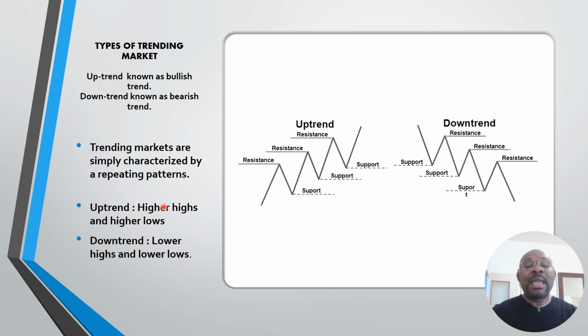What do you mean by higher highs and higher lows? Now, this is an uptrend, for example. This is a high, pull back to the support level, another high, pull back to the support level, another high, pull back to the support level, this is another high.